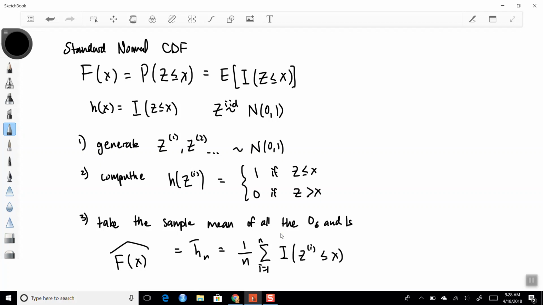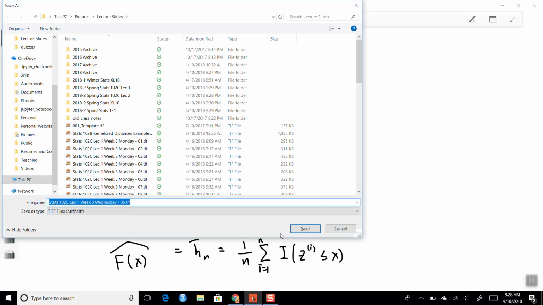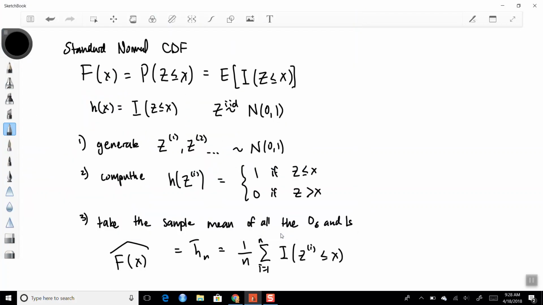And that makes sense, right? If we're thinking of the normal CDF, and we ask what's the cumulative probability that z is less than something like 3, we just randomly sample values from the standard normal and ask what proportion of our values are less than 3.